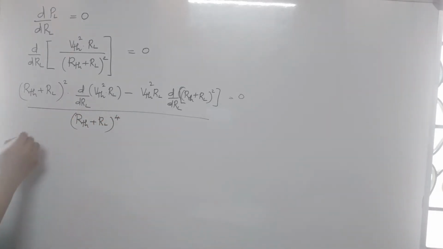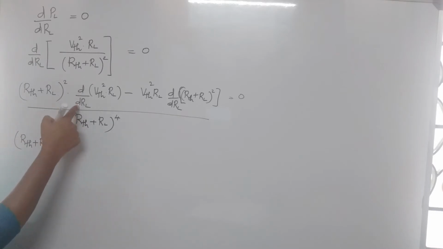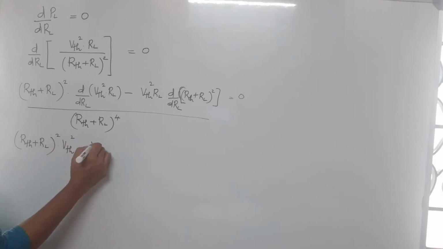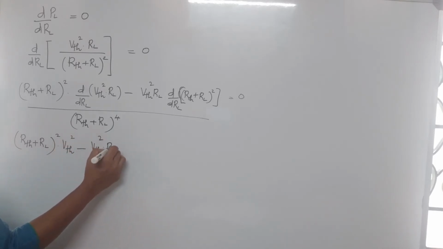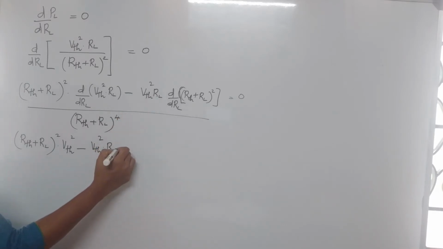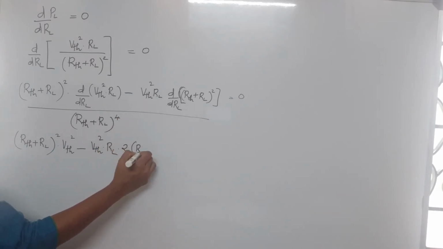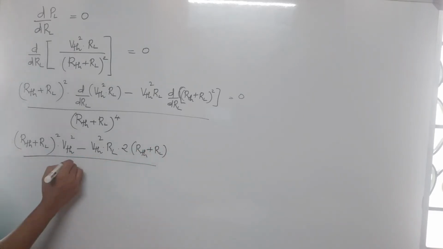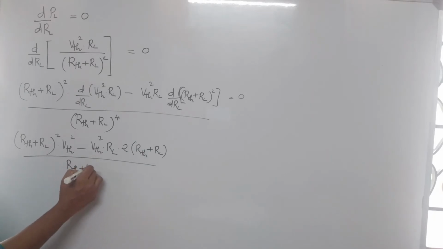Now this is equal to (RTH plus RL) the whole square into d by dRL of VTH squared into RL, which will be VTH squared, minus VTH squared into RL, d by dRL of the other will be 2 into (RTH plus RL), divided by (RTH plus RL) the whole raised to 4, equal to 0.